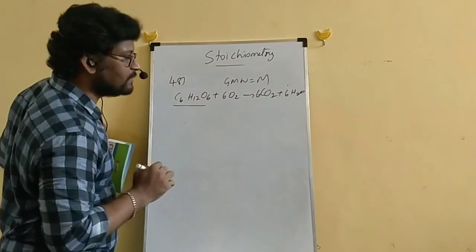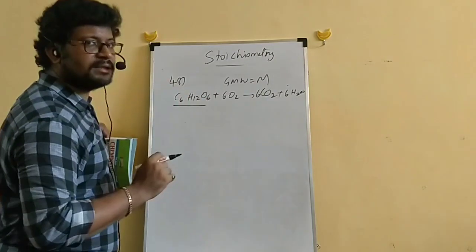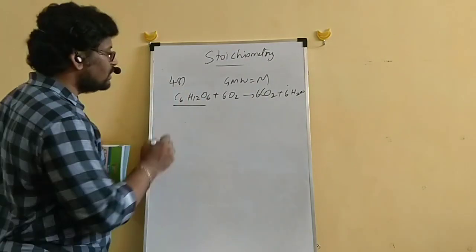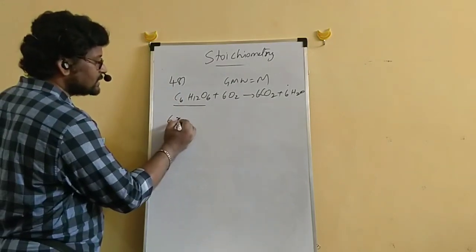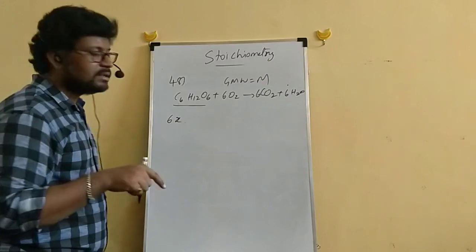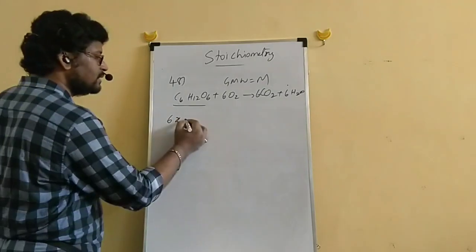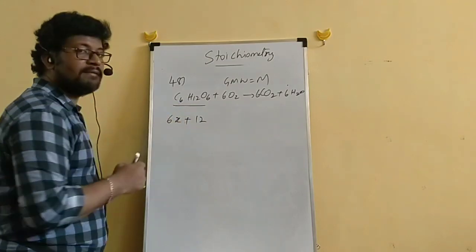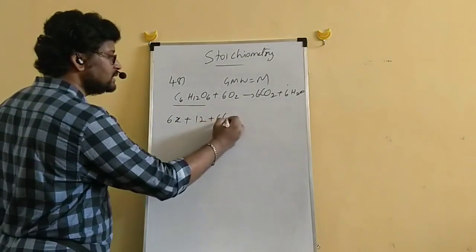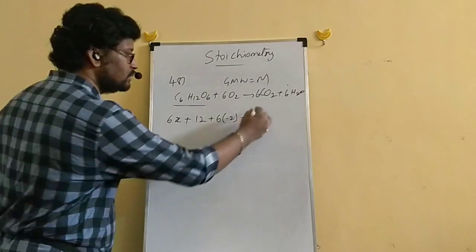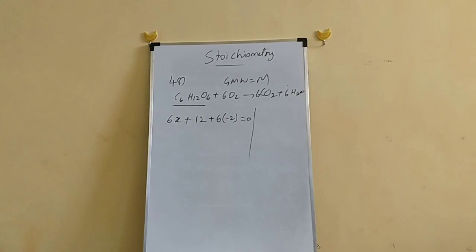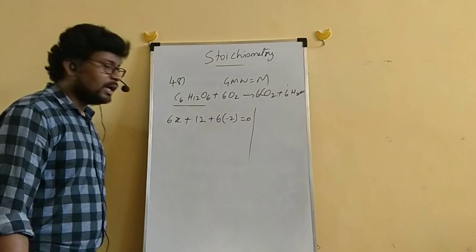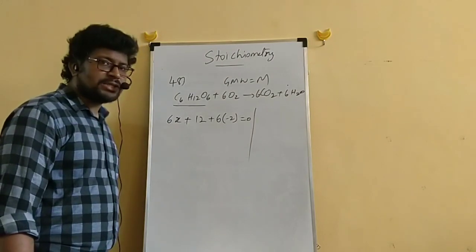In this glucose, the carbon oxidation number is going to be affected; hydrogen and oxygen will not be affected. So we concentrate on carbon. Each carbon is x, and we have 6 carbons. 6x plus 12 (hydrogen, 12 into 1) plus 6 into -2 is equal to 0.